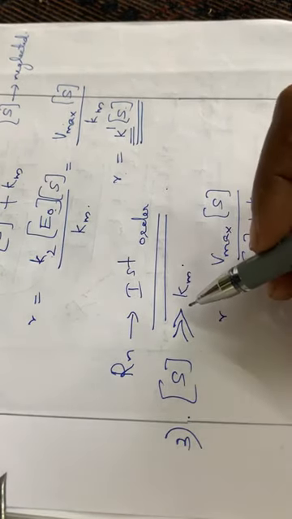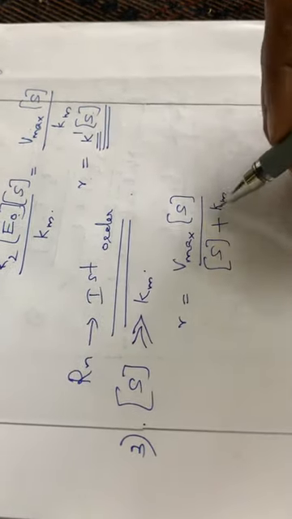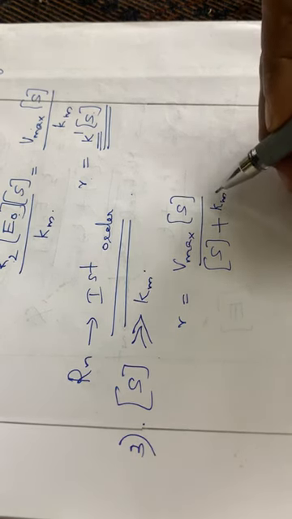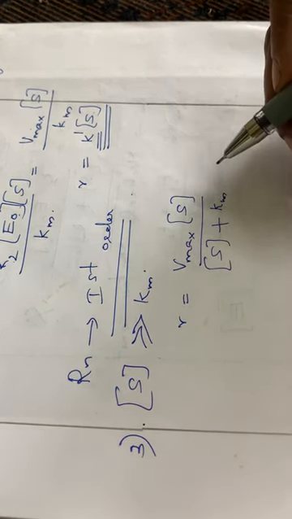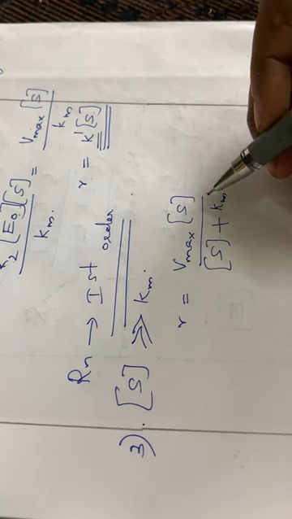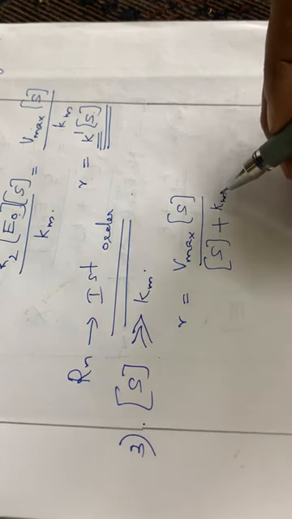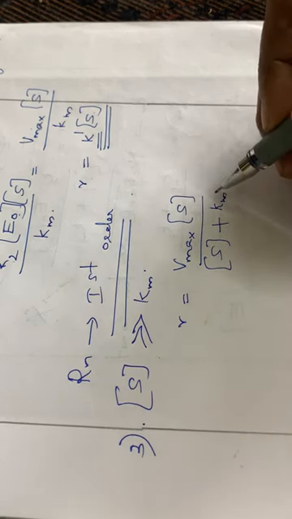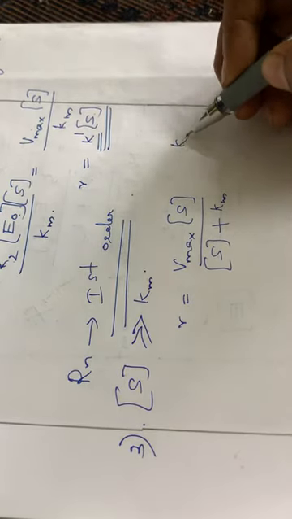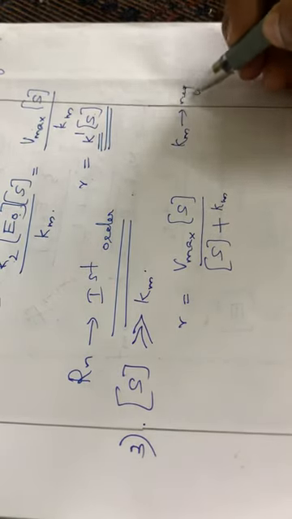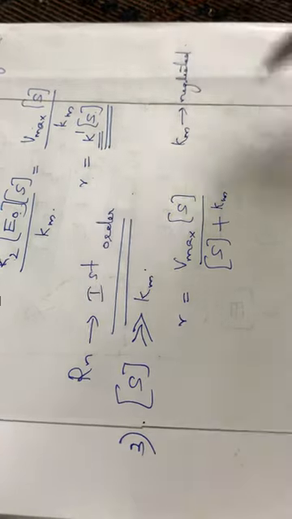And if S is very much greater than Km, we can neglect the term Km, isn't it? It is an addition term. Not very high changes will occur to the denominator by the addition of a small quantity like Km, isn't it? So we can neglect the constant Km.